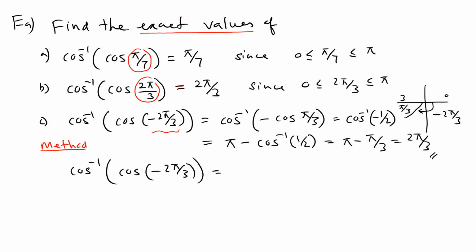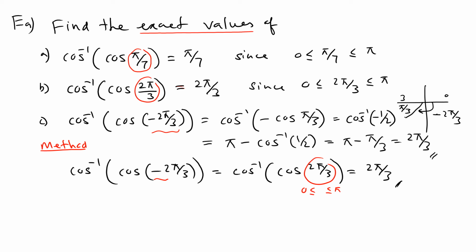Since it's an even function, we can disregard the negative sign, so we can write this as cosine inverse cosine 2 pi over 3. Now you can see this is very similar to part B. Because this angle is between 0 and pi, this is simply equal to 2 pi over 3. So that's the second method, where we use the even function property of cosine.